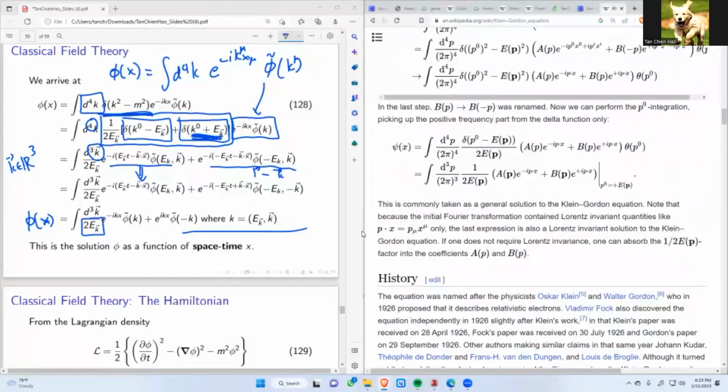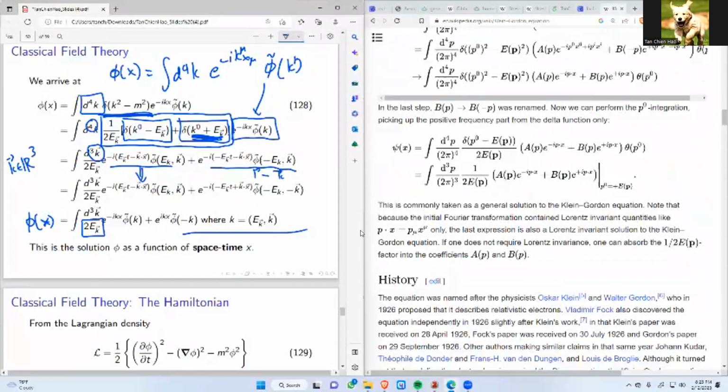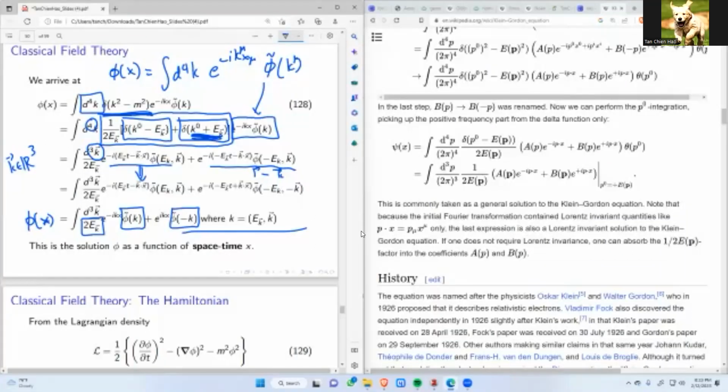So where do we see this? We see it in these values. They are independent of each other because this one corresponds to positive ek, and this one corresponds to minus ek.